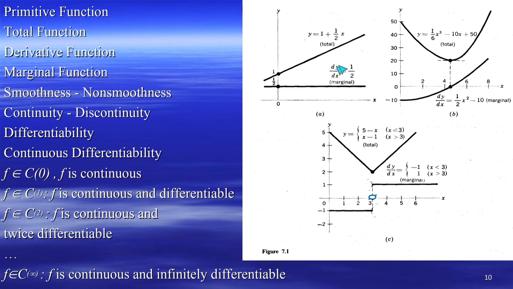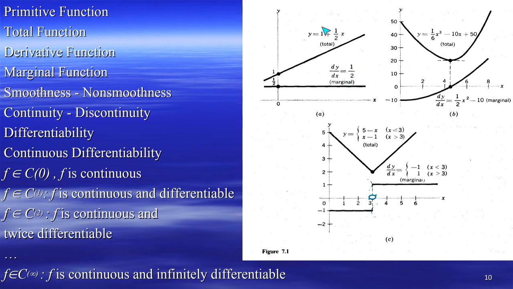All right, here we see some examples of total functions or primitive functions and their derivative functions. If y is equal to 1 plus 1/2 of x, this is the total function. Its marginal function, which is its derivative, is 0 plus 1/2, which is 1/2. dy over dx is equal to 1/2.